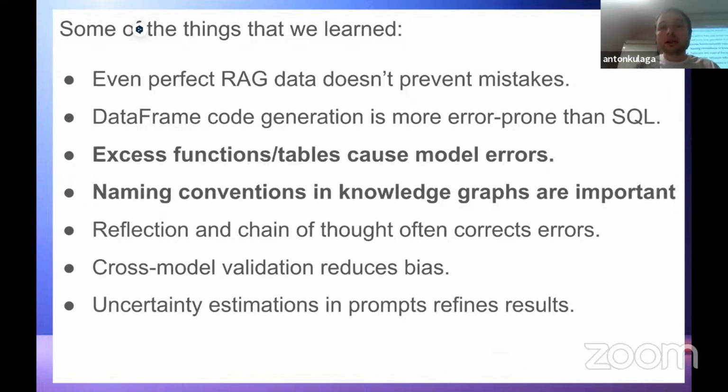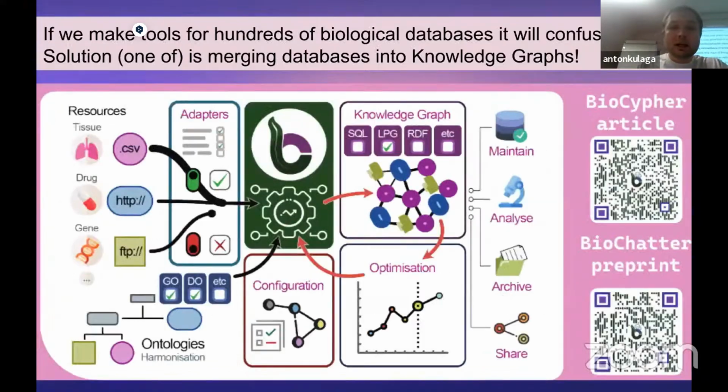However, we are also using another technique called knowledge graphs. The idea is that you merge many databases together into a knowledge graph and query it as if it is one database. We are a member of the BioChatter Consortium, which is working on this technology. On the picture, you see different adapters that convert different resources and feed them into one large Neo4j database, so your LLM will just query one database.